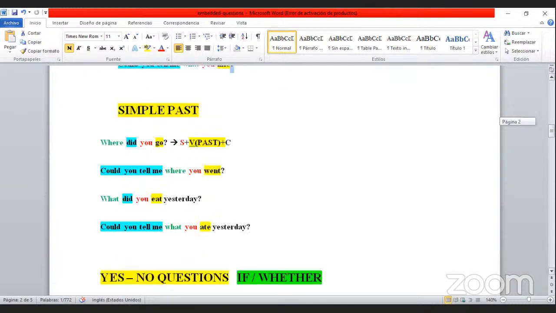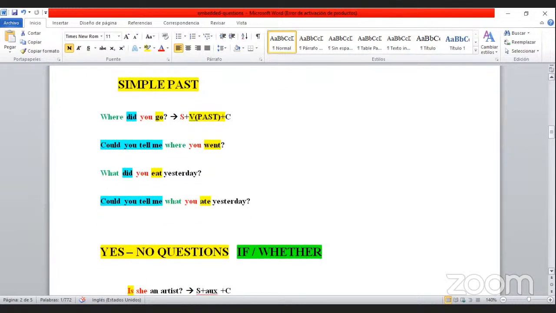So what about past? In simple past, we have the auxiliary did. In this case, we have the rule that we don't use the auxiliary did for affirmative sentences. So I will only put my structure of affirmative: subject, but in this case for affirmatives, we have to use the verb in past and the complement, right?